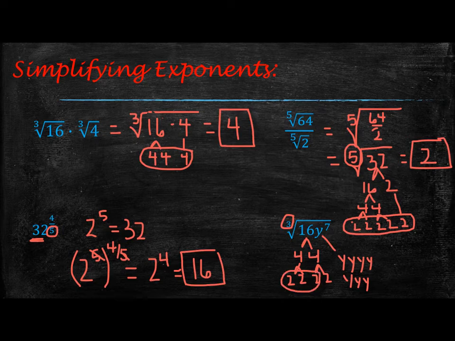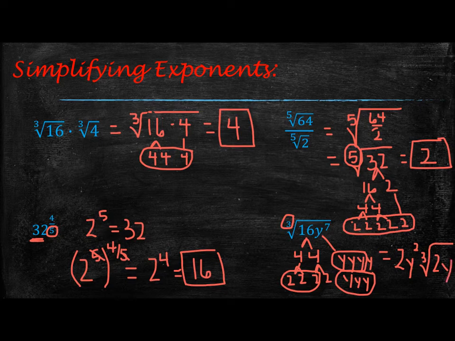We have a group of three 2s, and a group of three y's, and then another group of three y's. Anything in a group of 3 can come to the outside. Since you have y and y, that would be y squared. Whatever's left, not circled, has to stay under the radical, so 2, and then we have that one y. It'd just be 2y squared times the cube root of 2y.